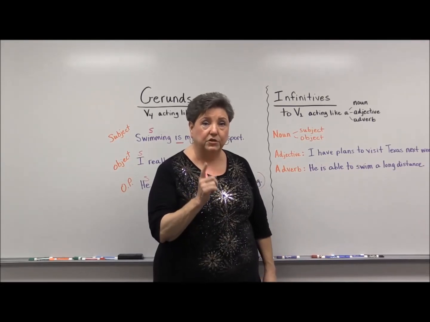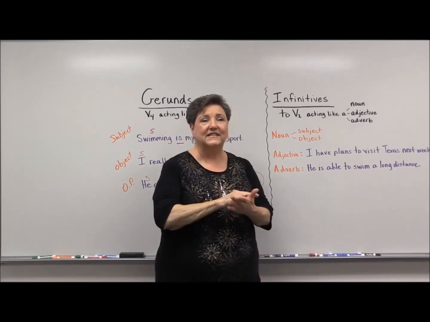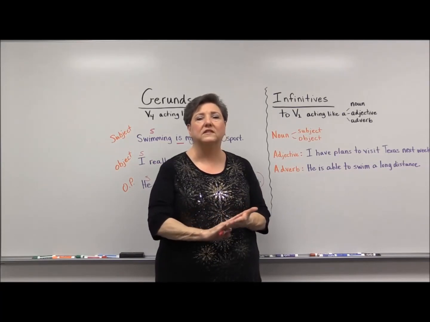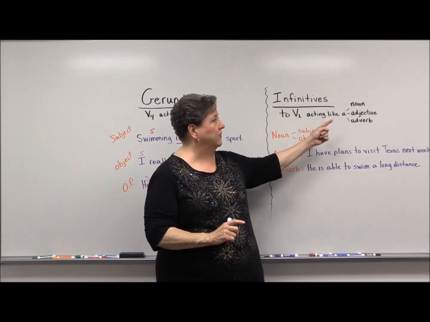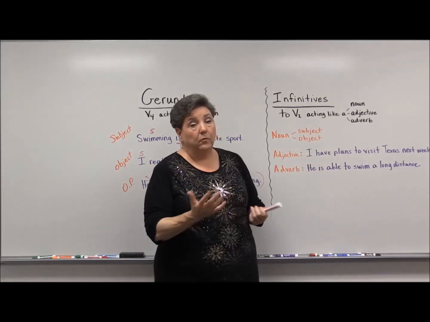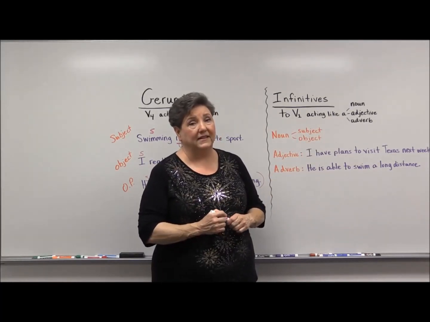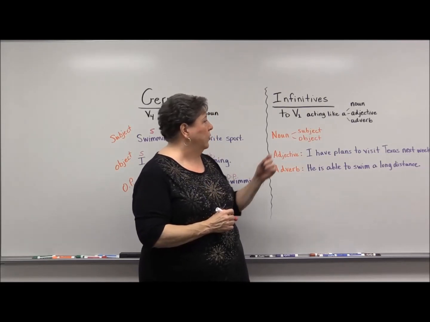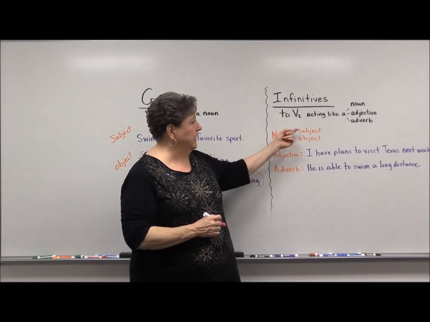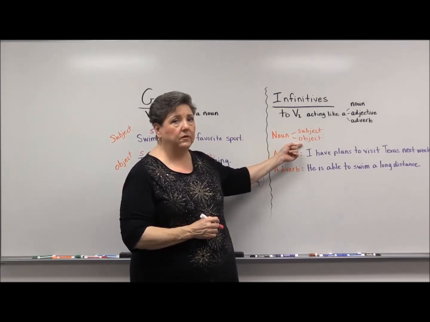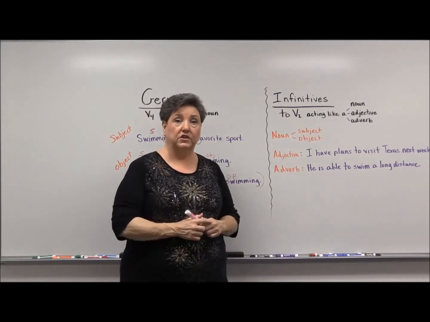Remember, if you see to and a verb 1, it's never the verb of the sentence. It's always acting like something else, a noun, an adjective, or an adverb. Most of the time we're looking at them as nouns. So when an infinitive is a noun, it can be a subject or an object. Well, so can a gerund.